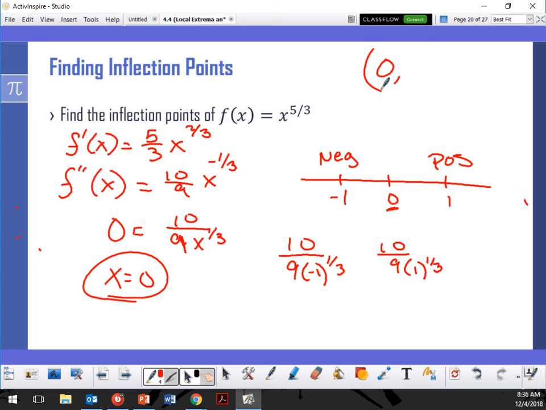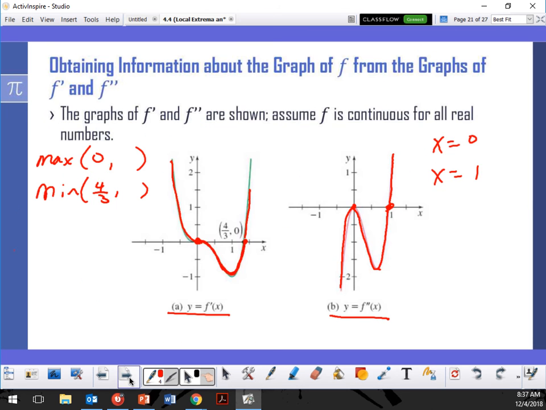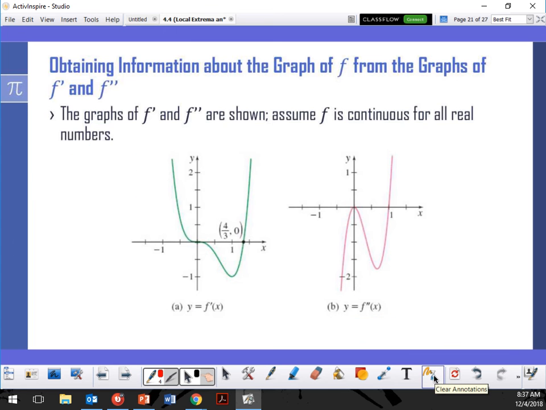So if I put it into f of x, this is going to give me 0. So my point of inflection is going to be 0, 0.